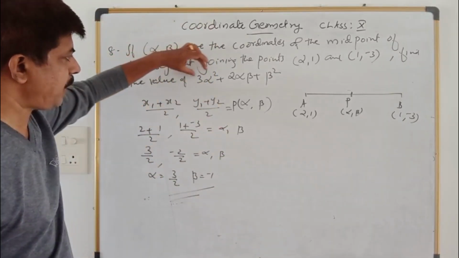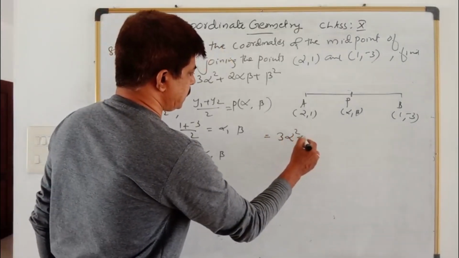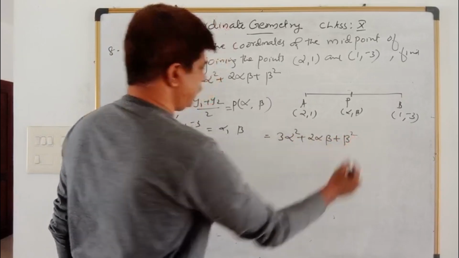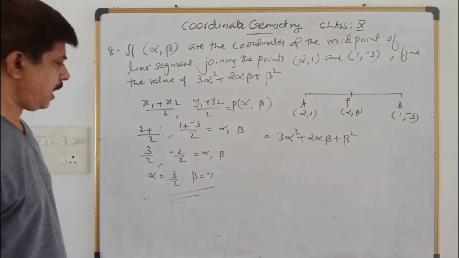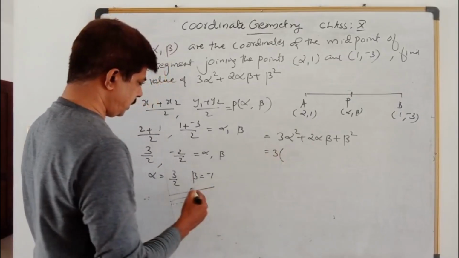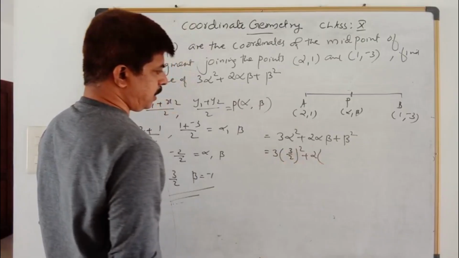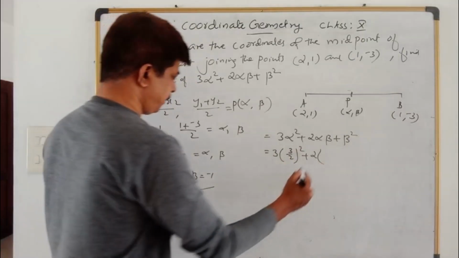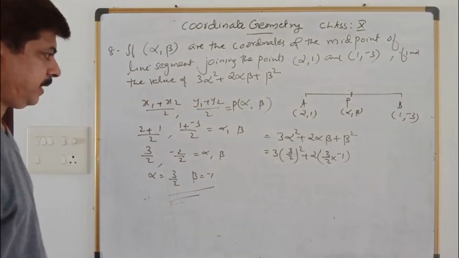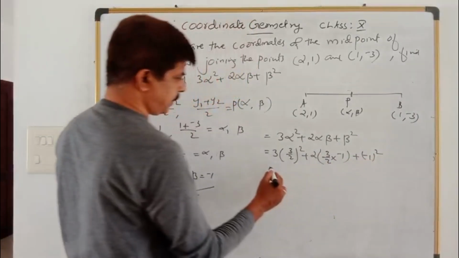Now we are required to find the value of this expression. As we have the values of alpha and beta, we simply substitute alpha by 3 by 2. Alpha beta means the product of alpha and beta, 3 by 2 into negative 1, plus beta square, negative 1 square.